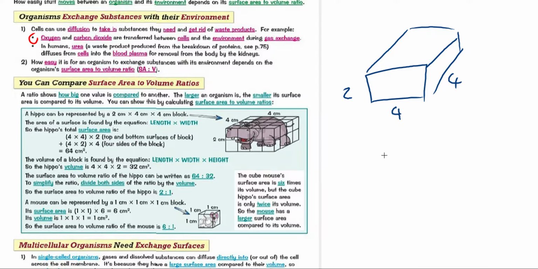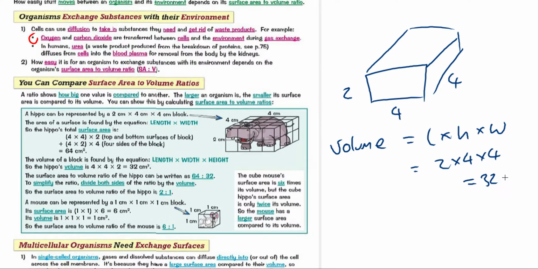What you have to remember from mathematics are the formulas for volume and surface area. For the volume, remember it's length times height times width. So here the volume is 2 times 4 times 4, which is equal to 32 centimeters cubed.